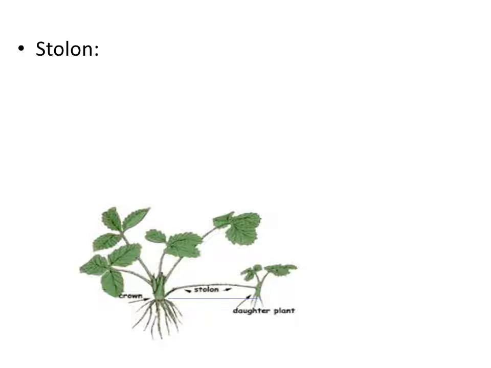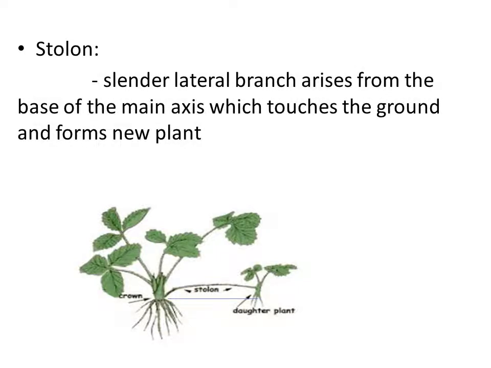In case of stolon, a main plant leads to the formation of a lateral branch. You can find it in the diagram. The first plant you are observing in the diagram is the main plant, or you can also consider it as the parental plant. From the base of the main plant, a lateral branch arises. A lateral branch is nothing but a branch that arises from the side of the main axis.